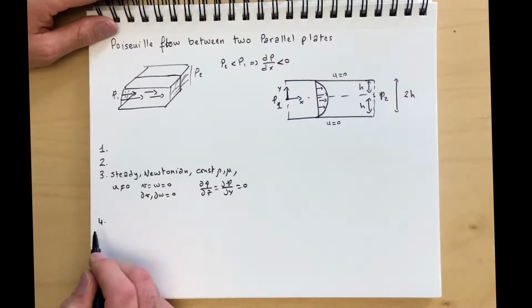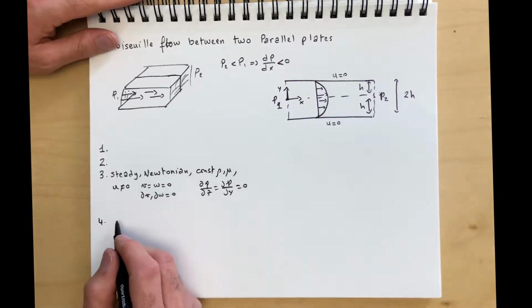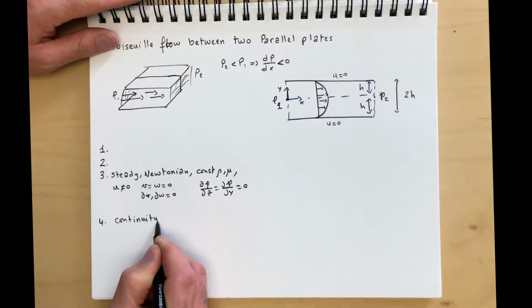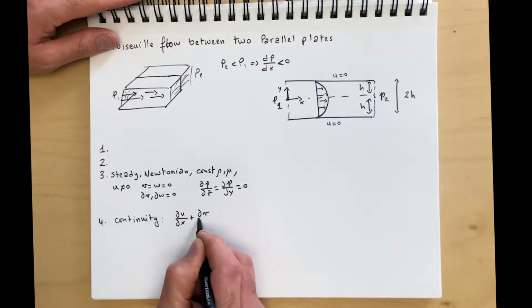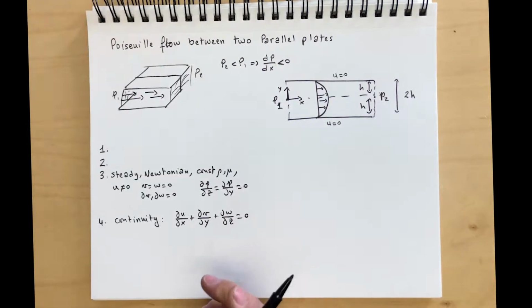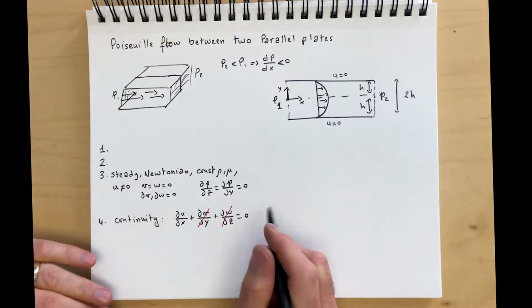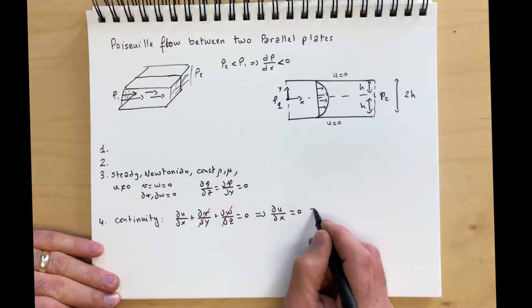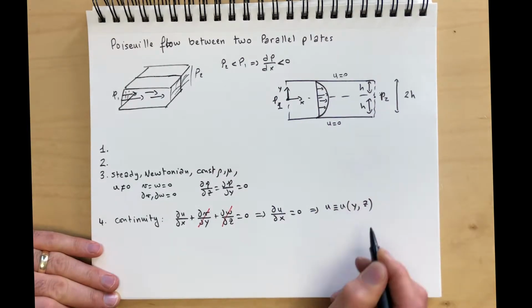So we're going to consider the Navier-Stokes equations in Cartesian coordinates, starting with continuity. This would give us du by dx plus dv by dy plus dw by dz equal to 0. And because v and w are 0, this gives us that du by dx equals 0, which implies that u is a function of y and z only.